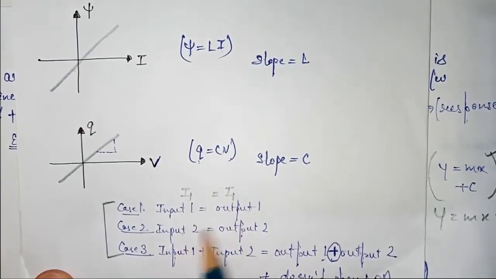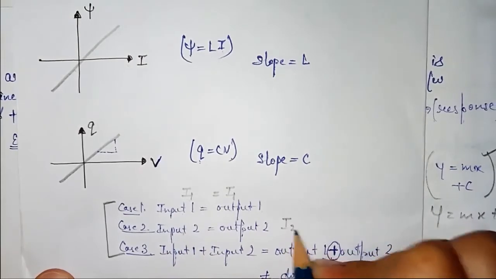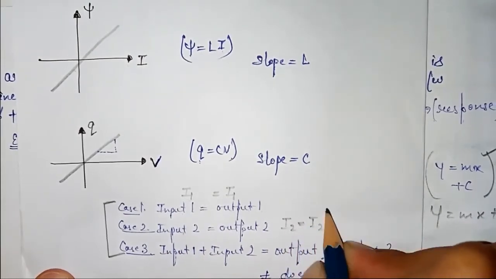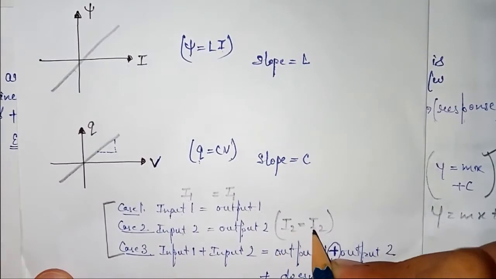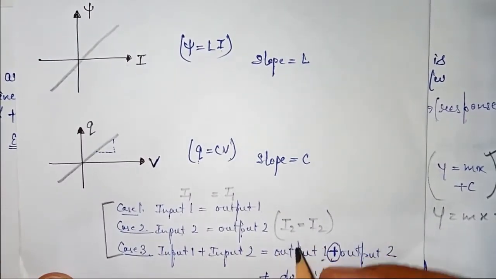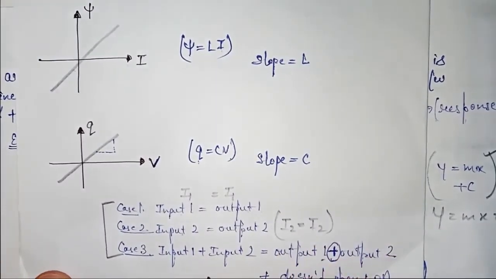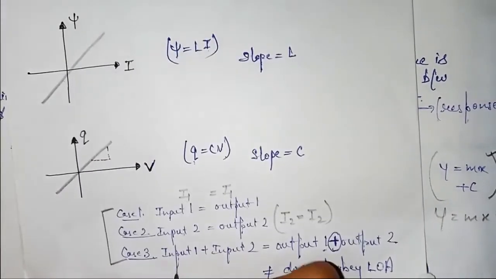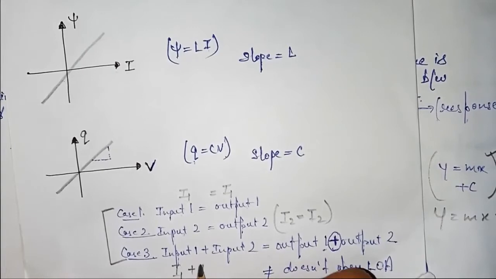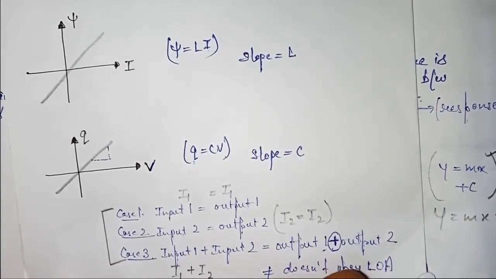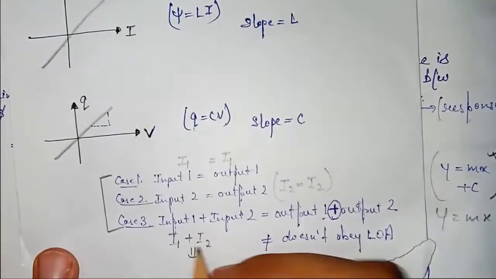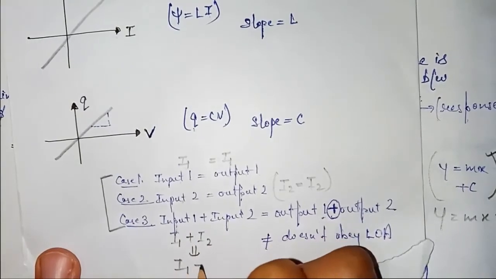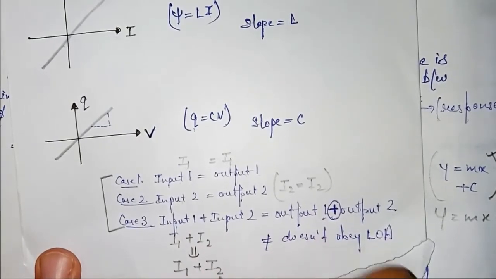In case 2, I2 is equal to I2, that is, input current is equal to output current. Now, the law of additive property says that when you give the current I1 plus I2 as input, then the output must be I1 plus I2.